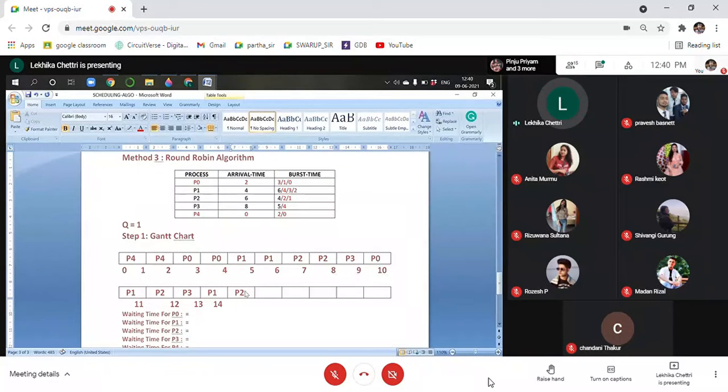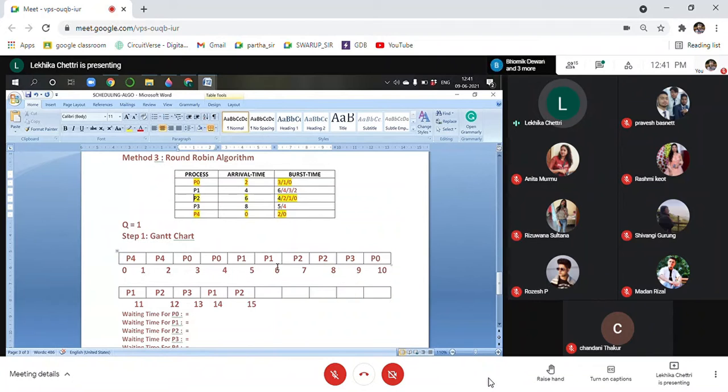The quantum will be updated to 15, and now P2 is also 0. So this one, P4, was out, and now P2 is also out from the ready queue.